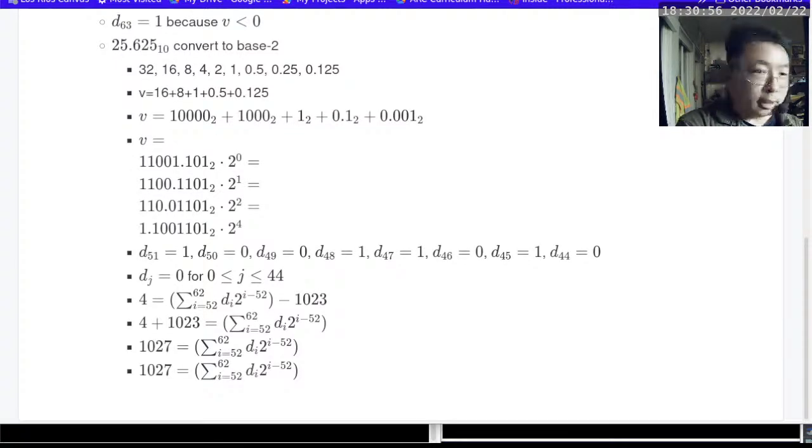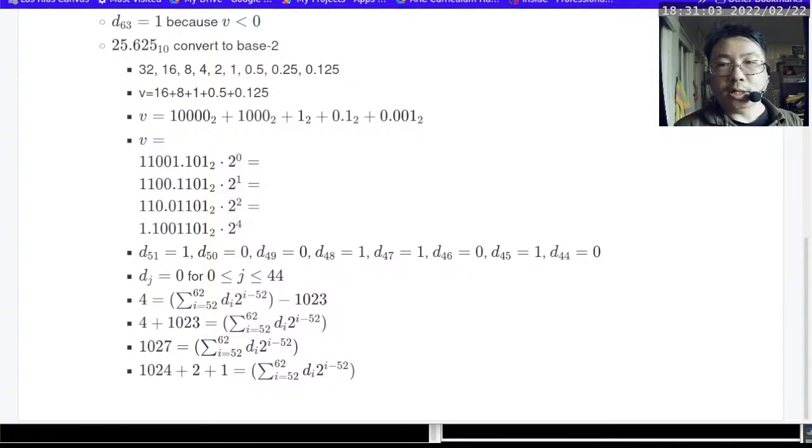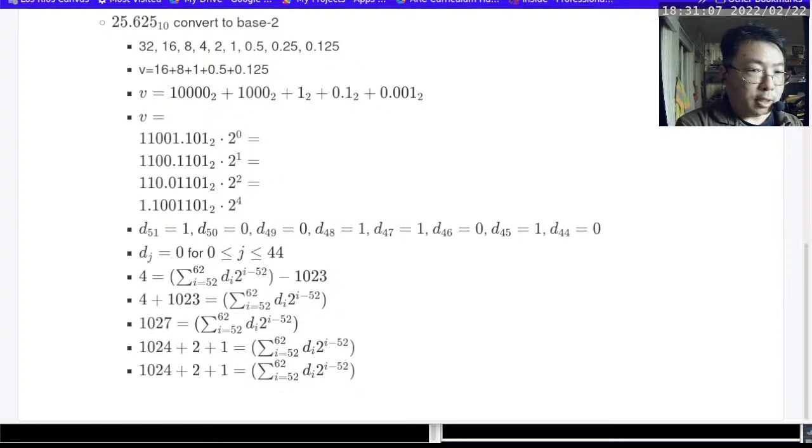Okay, so the left-hand side is 1024 plus 2 plus 1. So now we have powers of 2 over here, and then we want to figure out what is 1024. This turns out to be 2 to the power of 10, and this turns out to be 2 to the power of 1, and this turns out to be 2 to the power of 0.